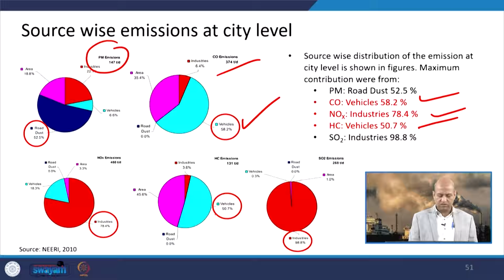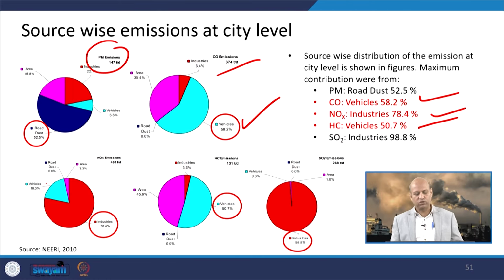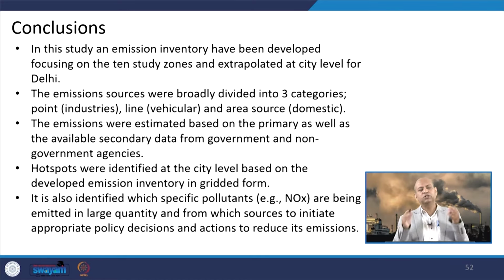For hydrocarbons, again vehicle and area source are responsible, and for NOx emissions, industries and vehicle categories, with industries more responsible. For SO2, only industries are there to control. According to their amount, we can look at which source we need to focus upon first to apply certain policy interventions or technological interventions, so that emissions can be reduced and air quality improved.